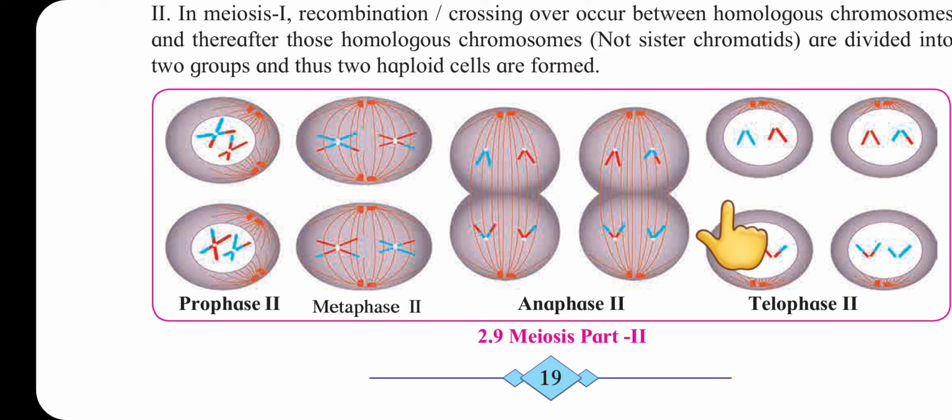The process of gamete production and spore formation occurs by meiosis.